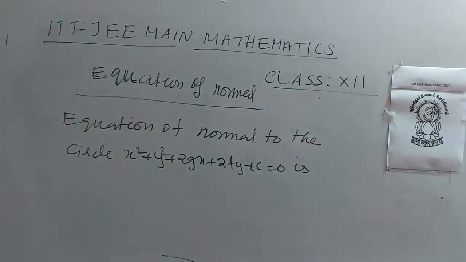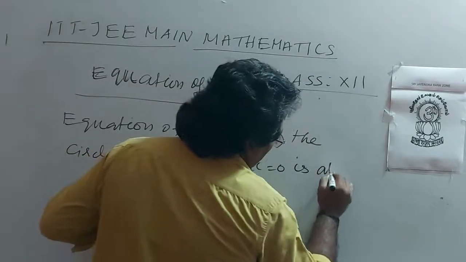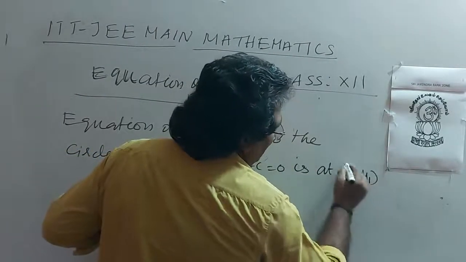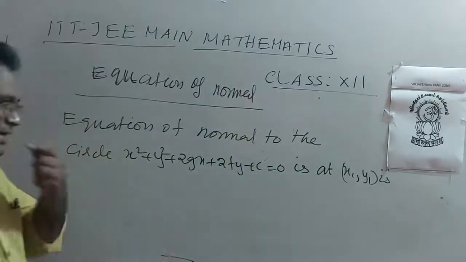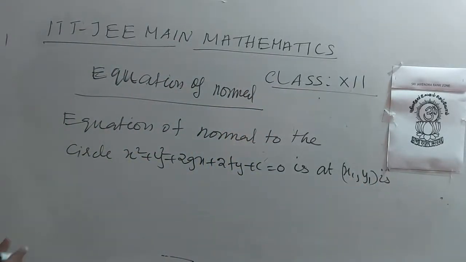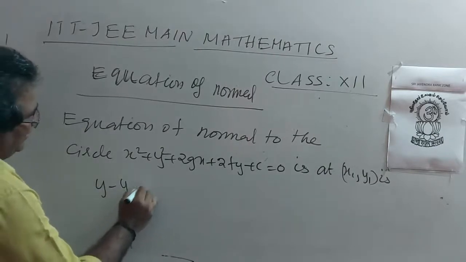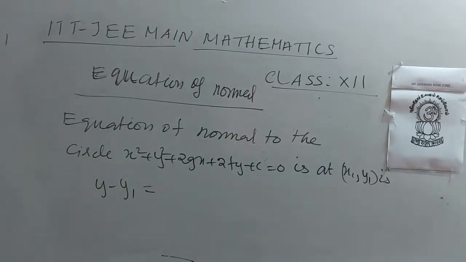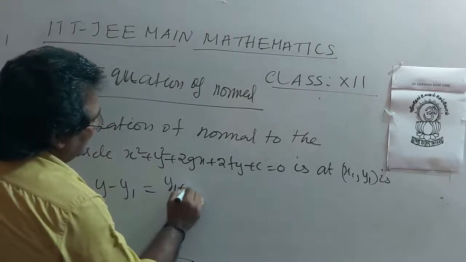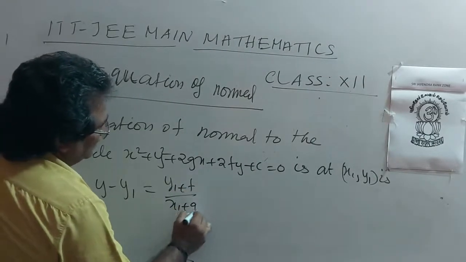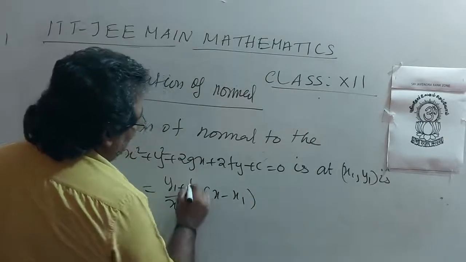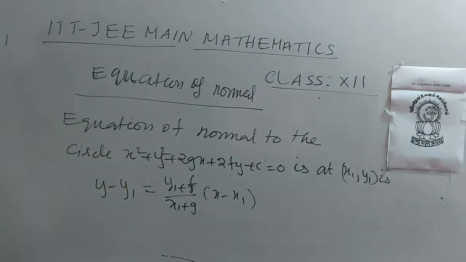Equation of normal to a circle x square plus y square plus 2gx plus 2fy plus c equal 0 at x1 comma y1 is: normal is perpendicular to the tangent. y minus y1 equal to (y1 plus f) by (x1 plus g) into (x minus x1).